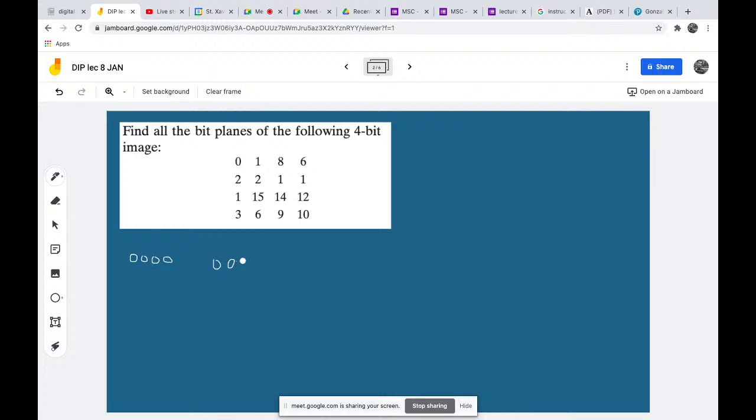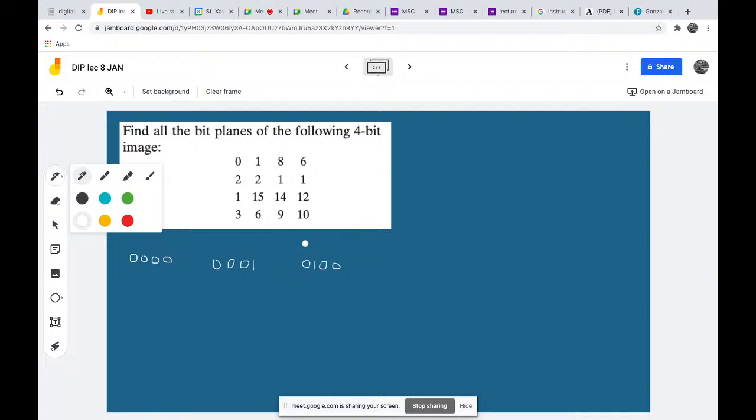How do you write 8? 1, 0, 0, 0. The 2 raised to 3 bit should be 1, and the fourth bit is 0.